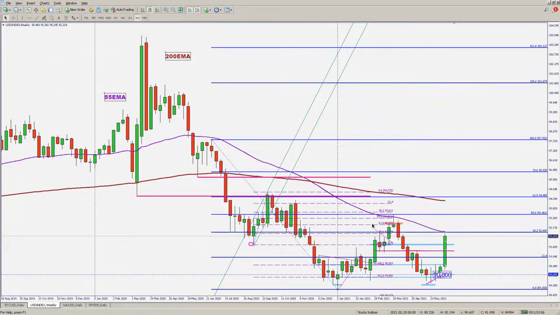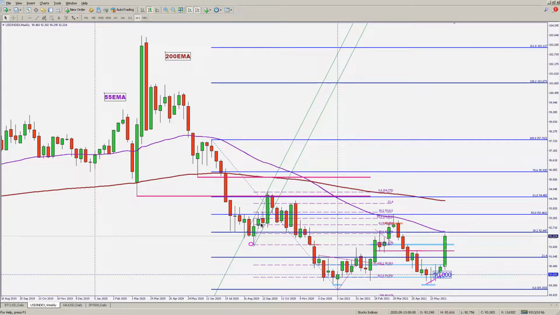Right, so that retracement hit the 50 fib retracement, fell back, and found support around the 90, didn't hit the swing low. And now it's coming up to the 38 fib retracement, right near the weekly 55 EMA. So it's trying to target that area.